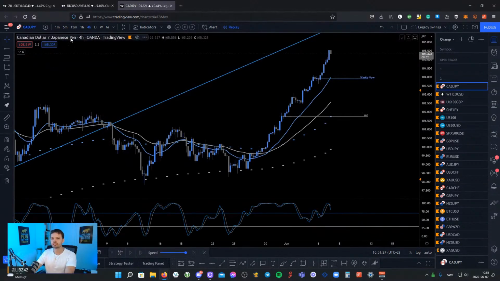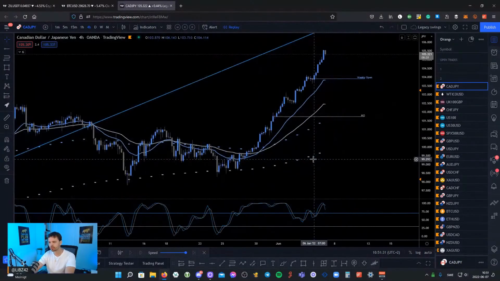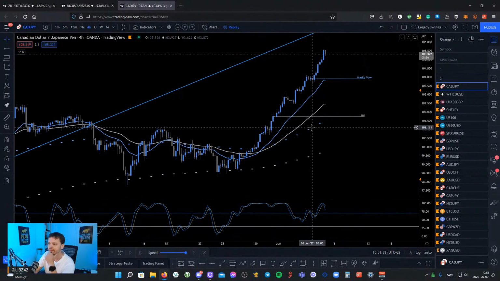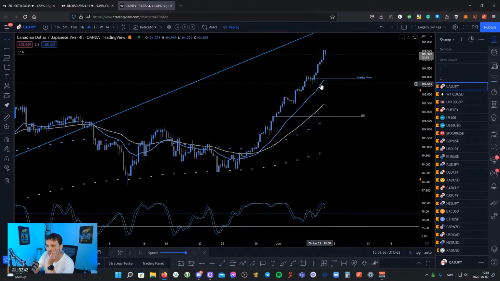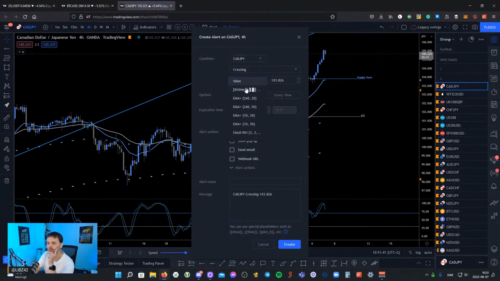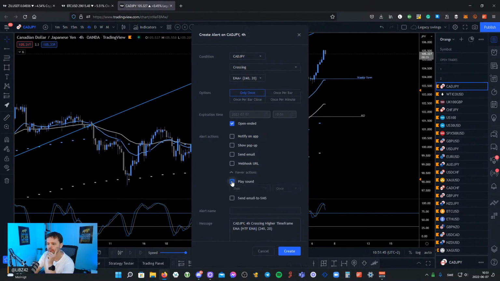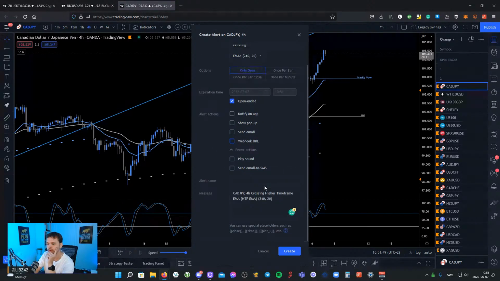Right, so let's start with CAD JPY. Do we have a trade here? Not really. But what I'm going to do is add an indicator on the 4-hour 20 EMA.